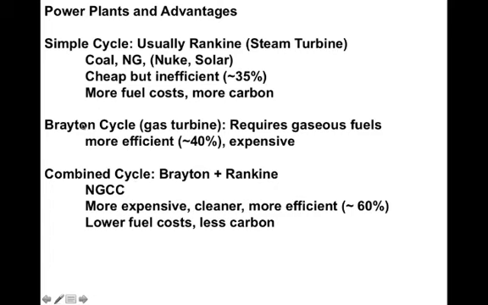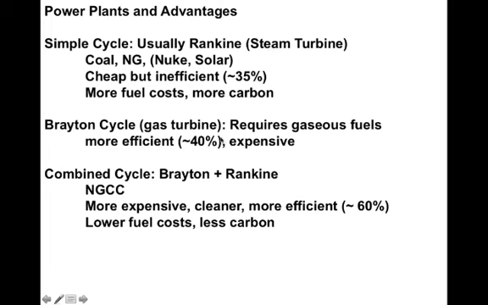That's the Brayton cycle plus the Rankine cycle. Say natural gas combined cycle, an NGCC. These are much more expensive, but they're more efficient, and so by definition they're cleaner because you get more energy out for the same amount of pollution that's produced. It's worth noting that with coal you're really limited to a Rankine cycle because you can't gasify coal.